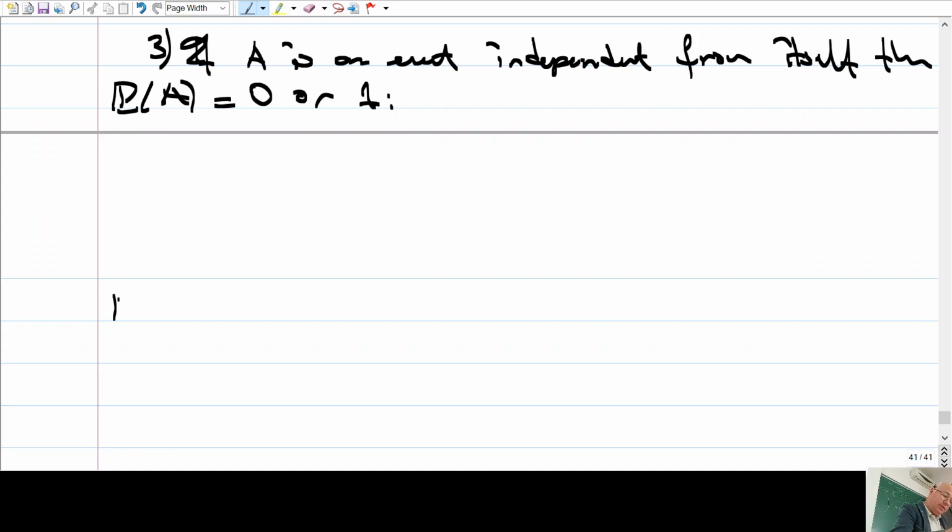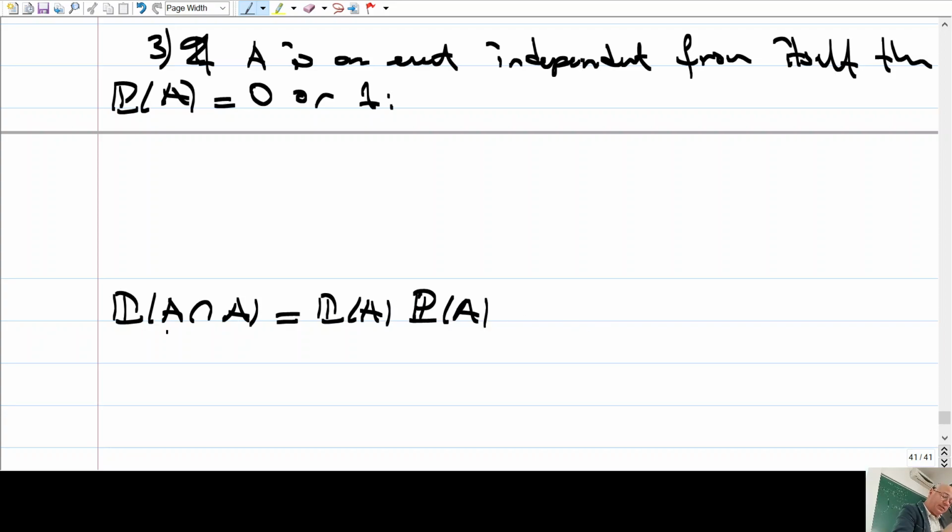Why is this? Well, let's see. Okay, so we assume that since A is independent from itself, this probability is equal to PA times PA.